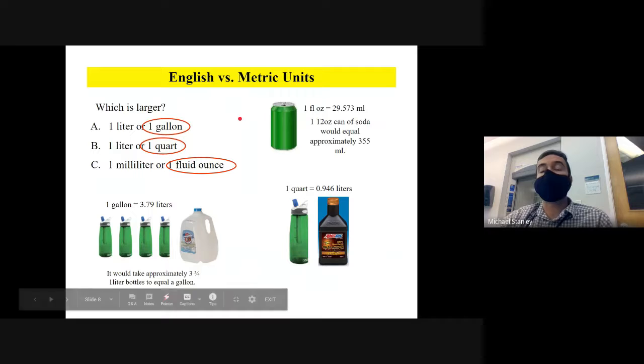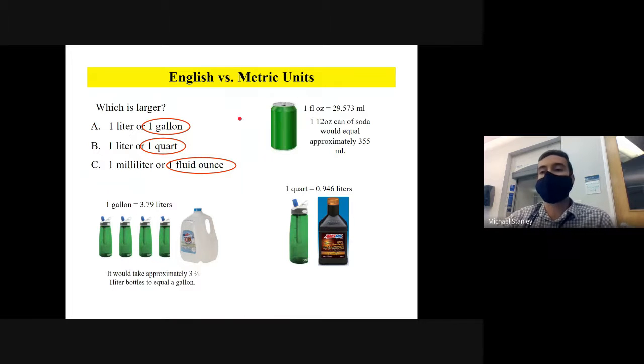So in the English or American system, we might measure liquid volume with things like gallons or quarts or pints or ounces or cups. In the metric system, get rid of all that, and we have liters and milliliters.